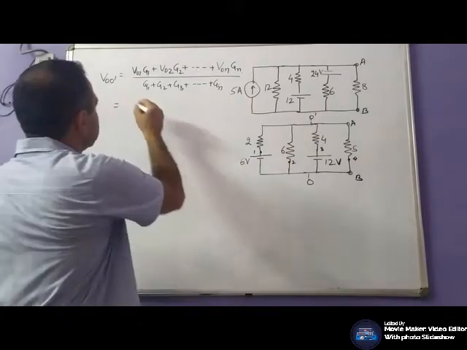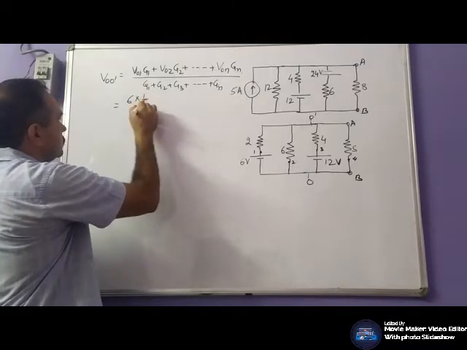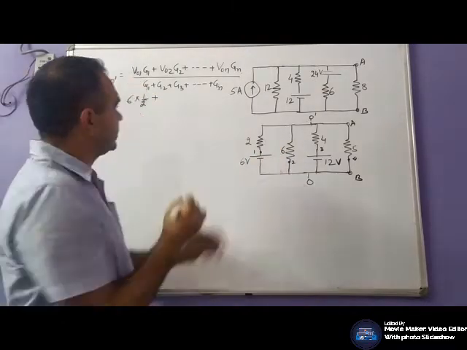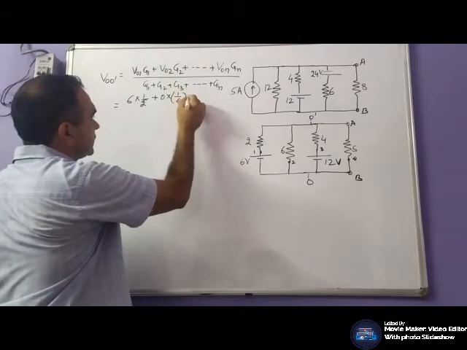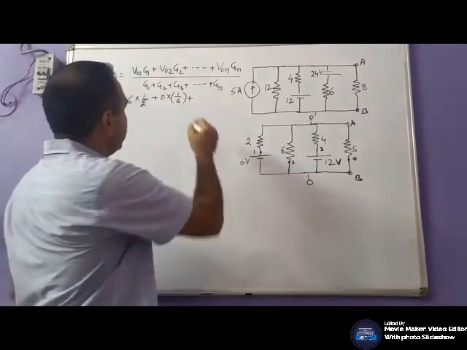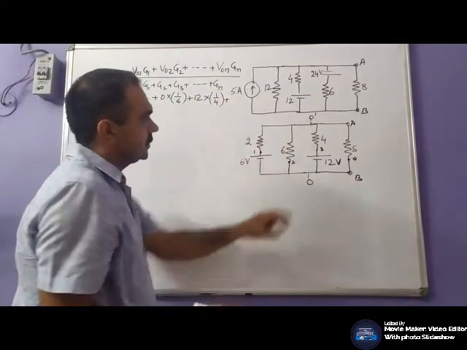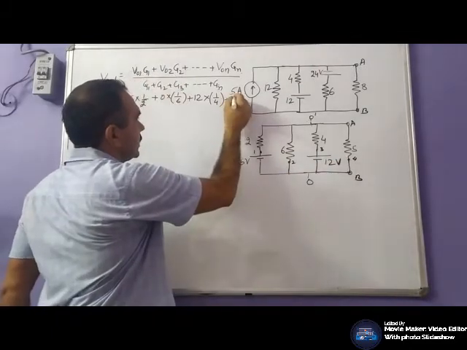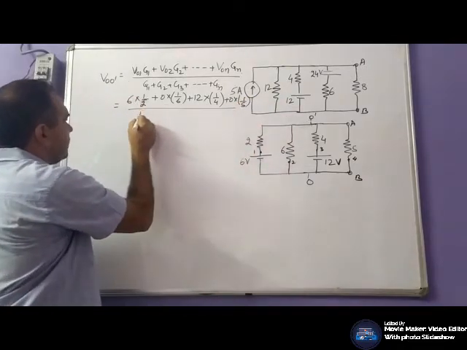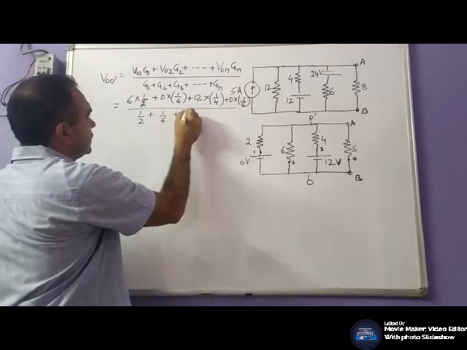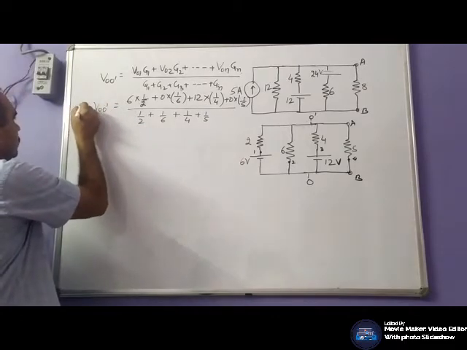What is V01? 6, and the conductance is 1 by 2, plus V02, 0, and the conductance is 1 by 6, plus 12 into 1 by 4, plus 0 into 1 by 5, divided by 1 by 2 plus 1 by 6 plus 1 by 4 plus 1 by 5. So this will be VOO dash or VAB.